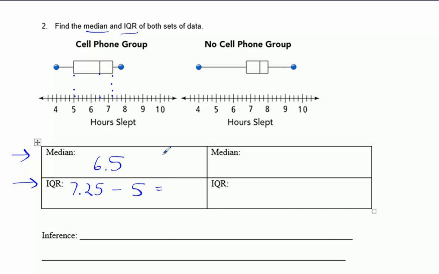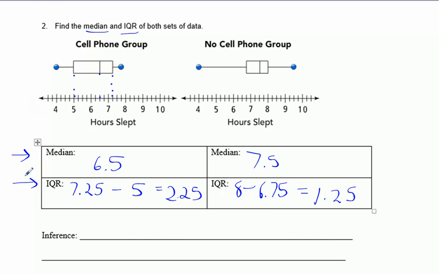So in my calculator, 7.25 minus 5, I get 2.25. Median over here is, it looks like 7.5. And the IQR here looks like 8 on the top. And the lower looks like 6 point, again, being very, very particular, 6.75. So in my calculator, typing those in.